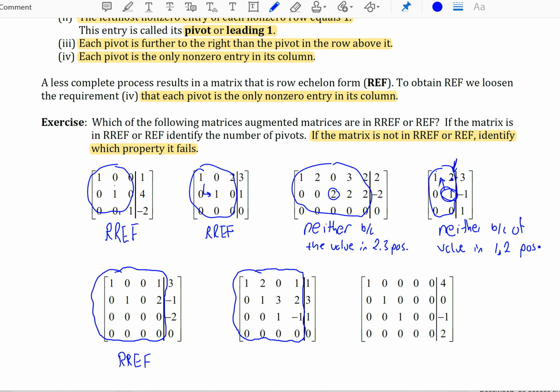It's not in RREF because of the values above the pivots. But I would say this one is in REF. And this last one, also in RREF.